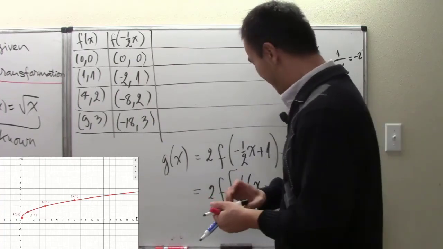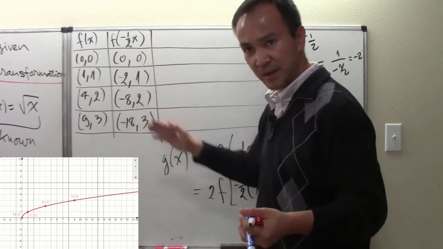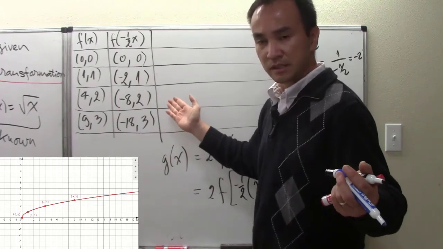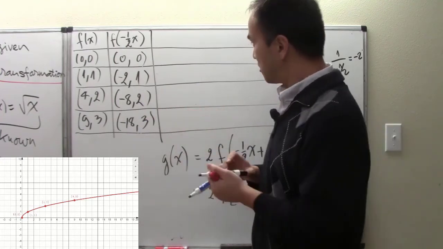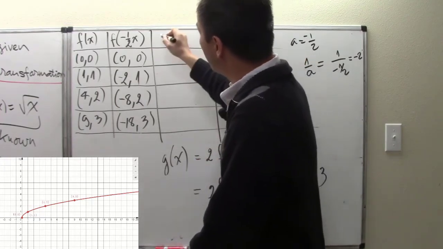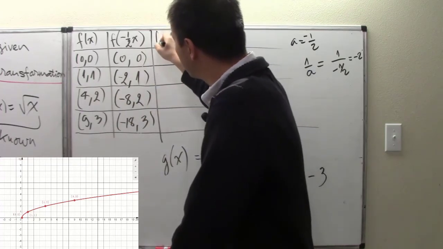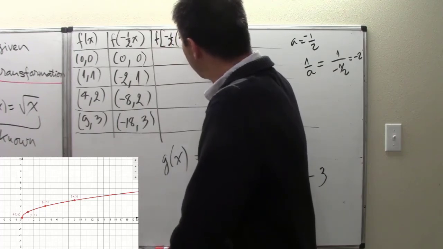Okay, all right, now let's move on to the second step. We're done with step 1, where we apply all of the horizontal scalings. So the next one now is to apply the transformation, the horizontal shifting. So this is equivalent to f of negative 1/2 times x minus 2.